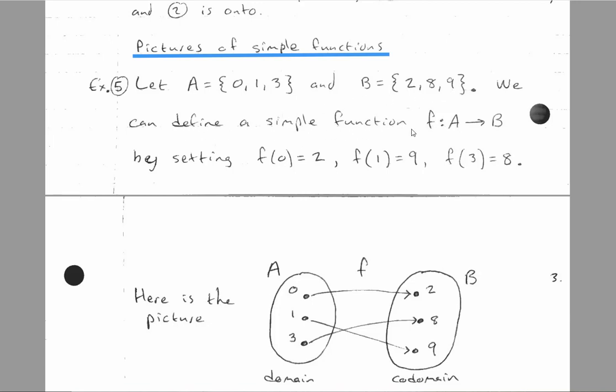We can define a simple function f from A to B by saying where f sends these elements in the domain. We're sending 0 to 2, 1 is getting sent to 9, and 3 is getting sent to 8.